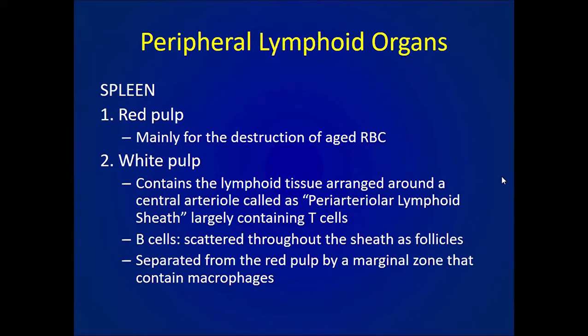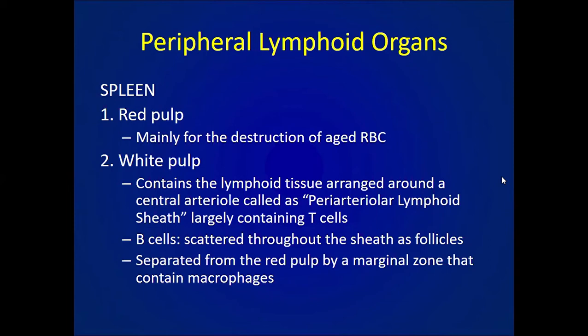Then the white pulp region of the spleen contains the lymphoid tissues, which are arranged around a central arteriole called the periarteriolar lymphoid sheath that contains the T cells, whereas the B cells are scattered through the sheath as follicles. They are separated from the red pulp by a marginal zone that contains macrophages.